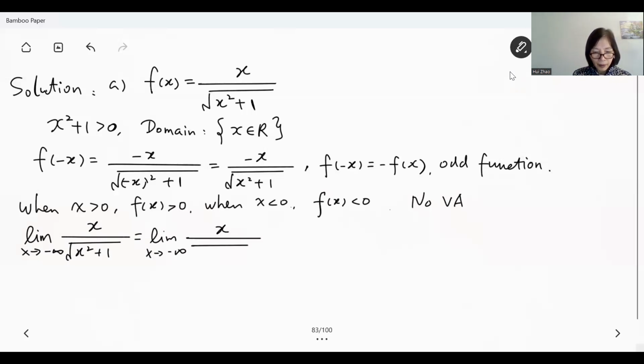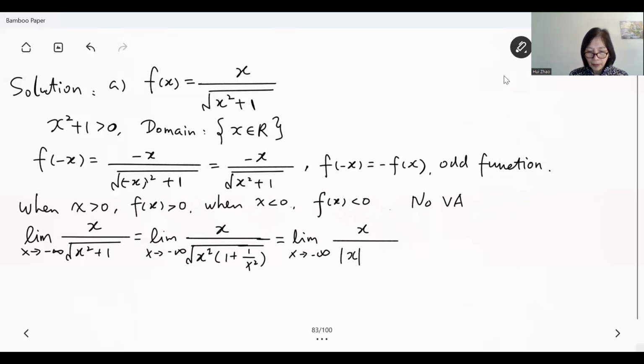In the denominator, we take out x squared, so it is the square root of x squared times 1 plus 1 over x squared. Taking x squared out becomes the absolute value of x times the square root of 1 plus 1 over x squared.